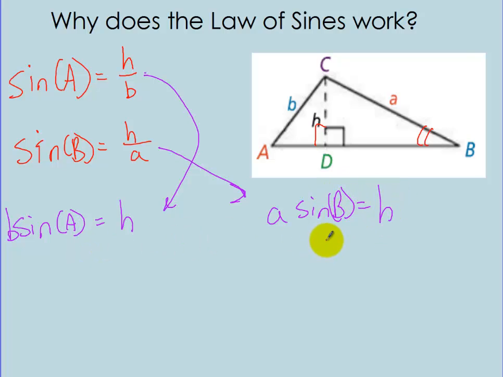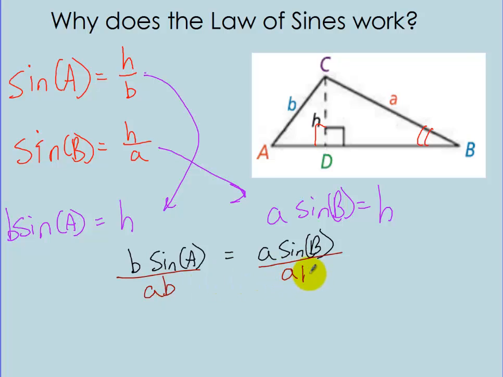Well, both these equations equal each other now because they both equal h. I can create a new equation, and that says b sine of A equals a sine of B. And I can divide both sides by a times b. What's going to happen is those b's are going to cancel on the left, a's on the right.